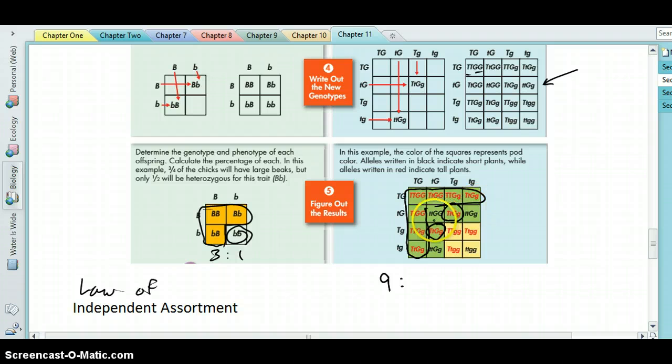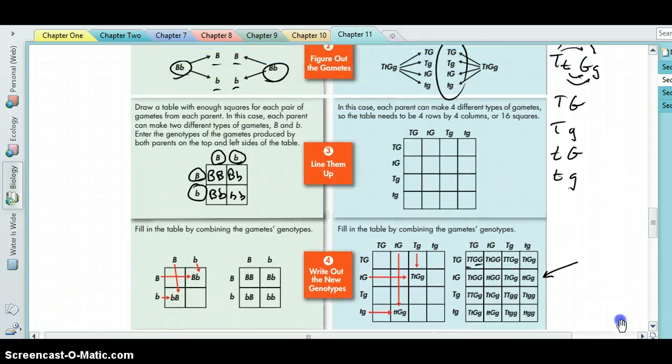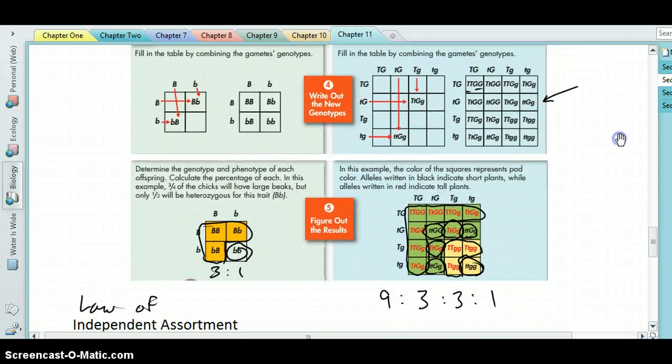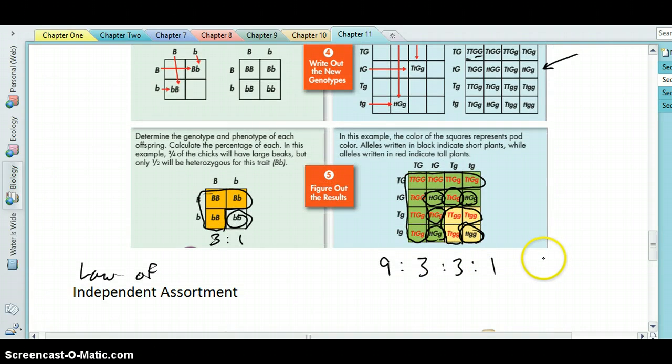Notice here we have individuals who are recessive for the T gene, dominant for the G gene. Here we have individuals who are dominant for the T, recessive for the G, and there is 1 out of 16 individuals that is recessive for both. So in these dihybrid crosses, when you're crossing two individuals that are heterozygous for both traits, you'll always get this 9:3:3:1 phenotype ratio.